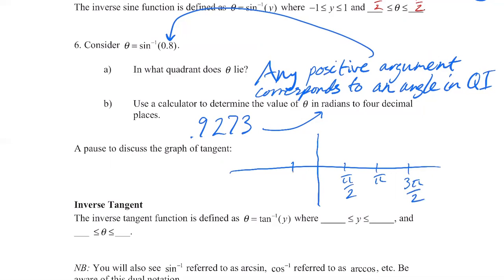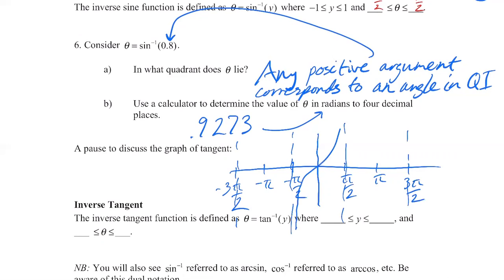If I was going in my negative direction, I would have that. So you remember how we wanted to keep these inverse functions operating in contiguous blocks as much as we could.